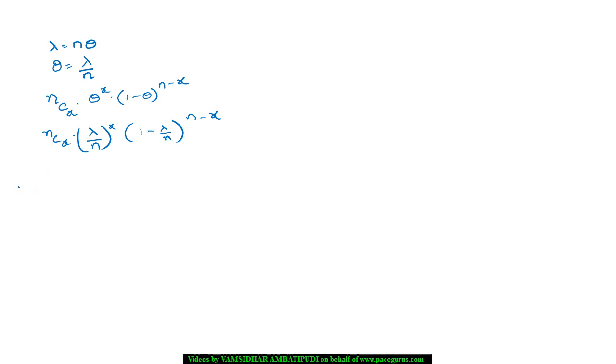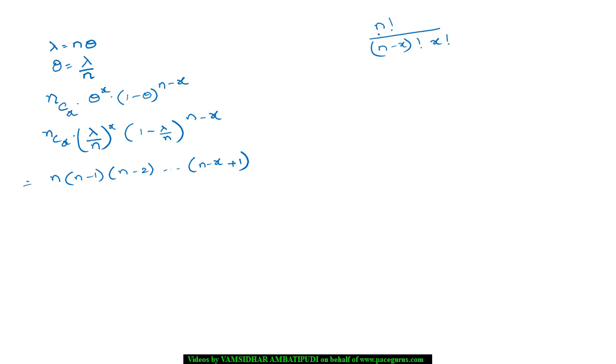Now this nCx I can write as n into n minus 1 into n minus 2, and so on, up to n minus x plus 1, because nCx is n factorial divided by n minus x factorial into x factorial.